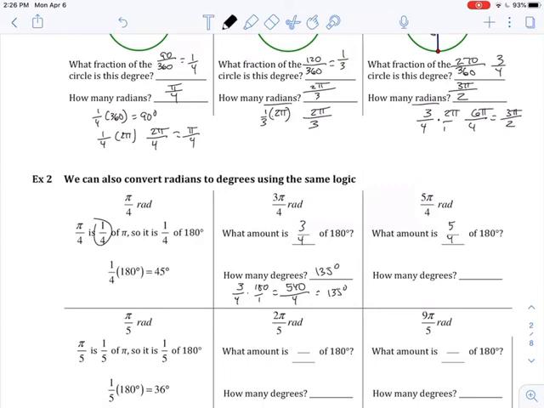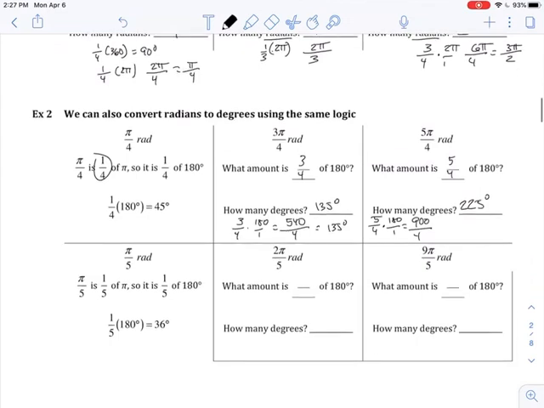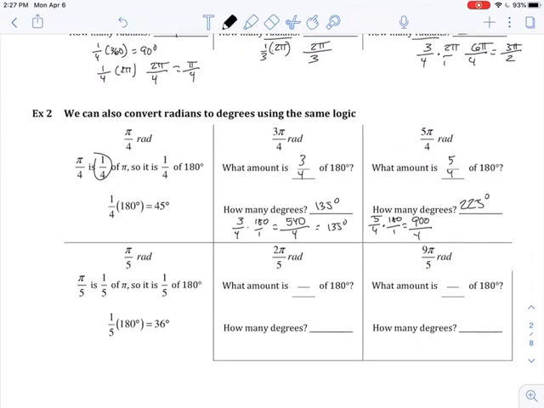And then I'm going to multiply that 5/4 times 180. When I multiply that, I end up with 900 over 4. And simplify that out, I end up with 225 degrees. So we can go back and forth with this.